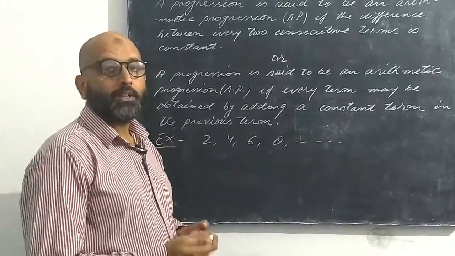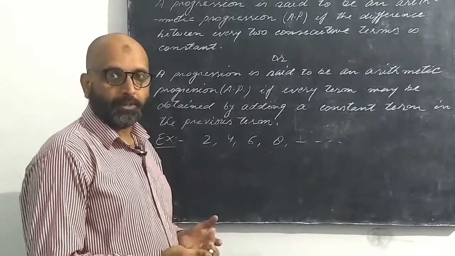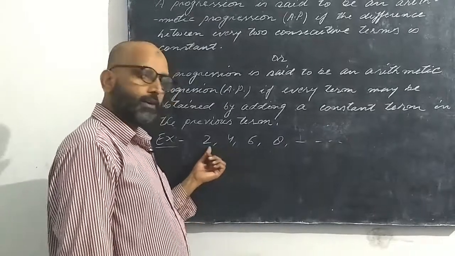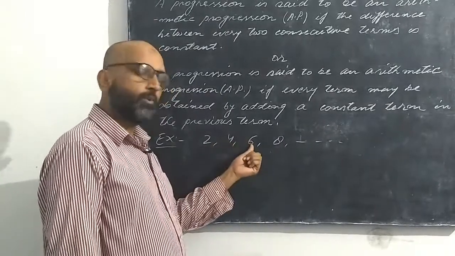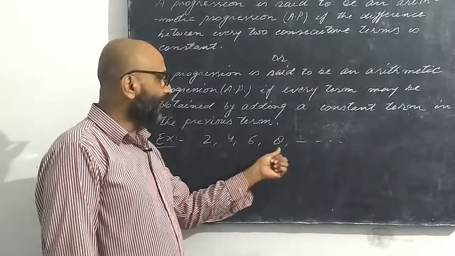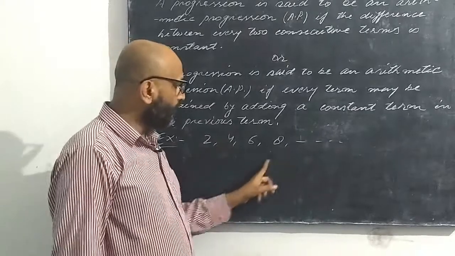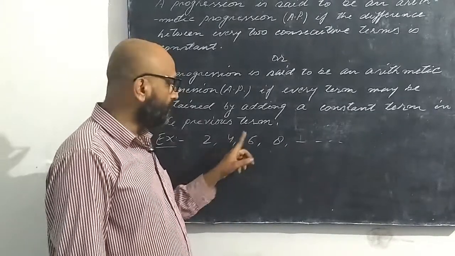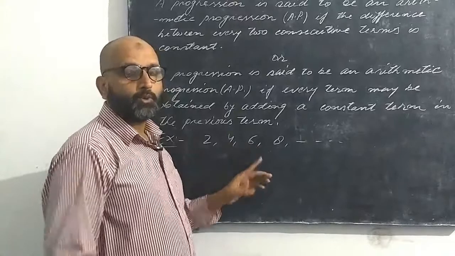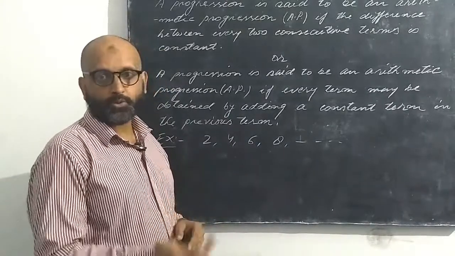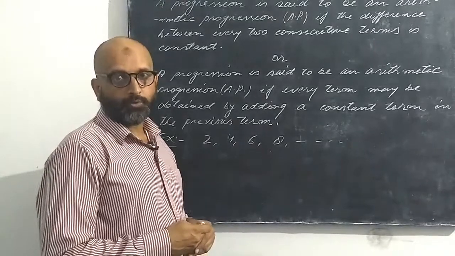Consecutive terms means the terms without gap. That means 2 and 4 are two consecutive terms. 4 and 6 are two consecutive terms. 6 and 8 are consecutive terms. But 4 and 8 are not consecutive because there is 6 between them. So the terms between which there is no other term are said to be consecutive terms.